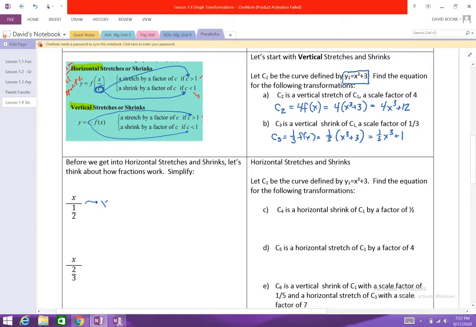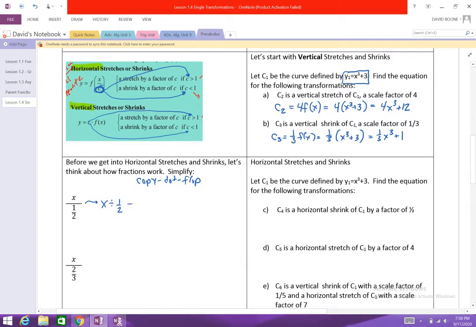What you would have learned a long time ago when you multiply or divide with fractions, you might have heard of the old copy dot flop. Copy dot flop when you're doing division with fractions.